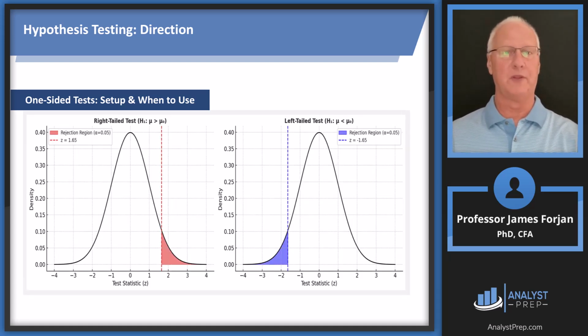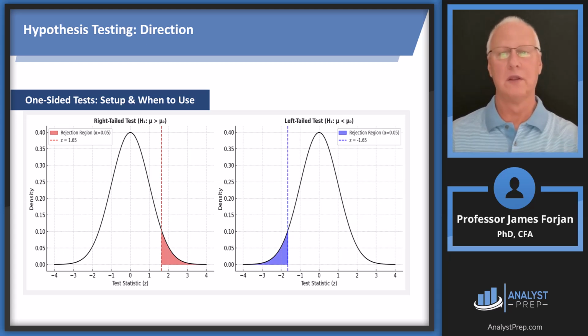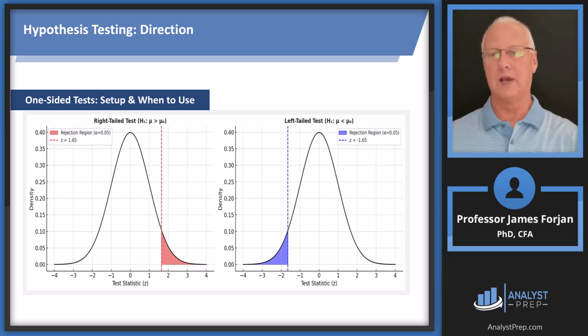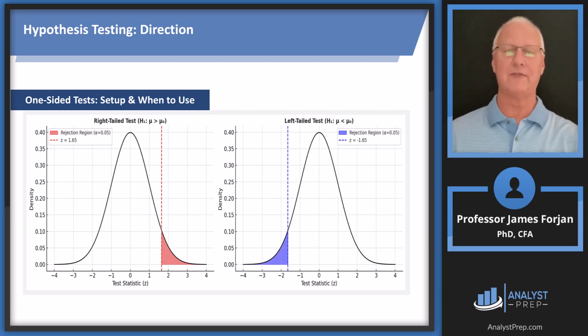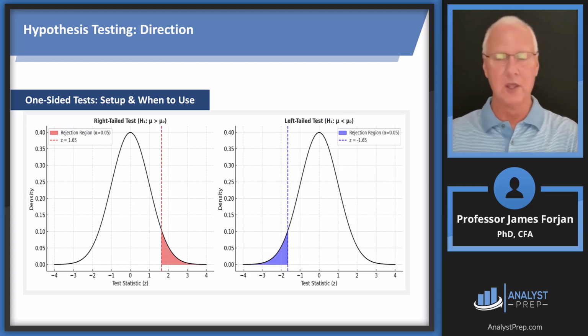Here's the first of a couple of slides that I promised you just a few moments ago. Notice that we're looking at a one-sided test. Look on the left graph. There's a right tail test where we have a greater than. Notice on the right side we have a less than, so that's a left tail test. So notice that we put all of our confidence level in the right tail, so that's red.